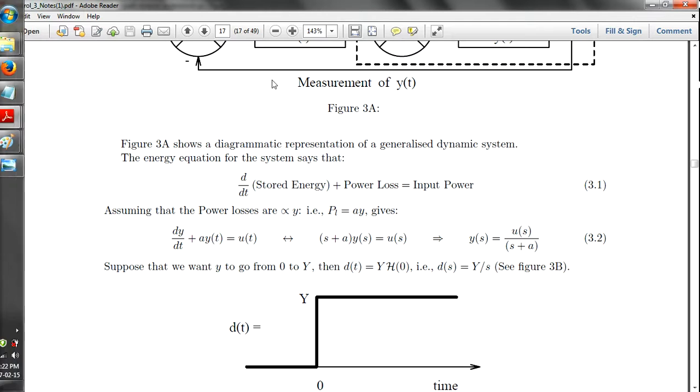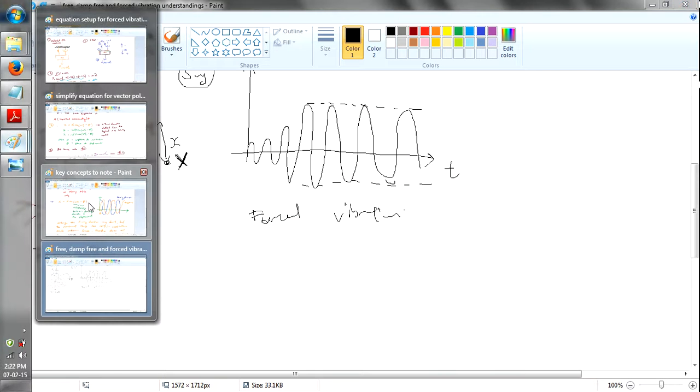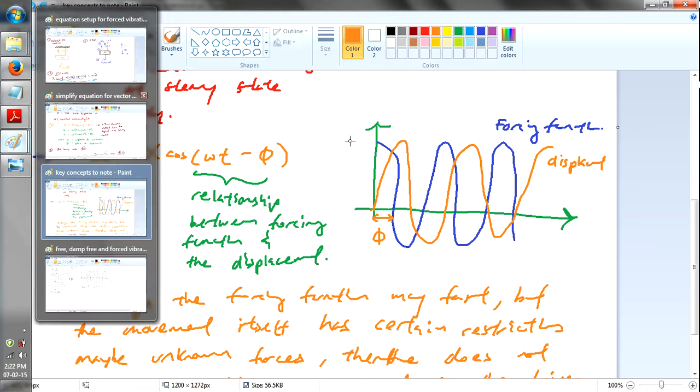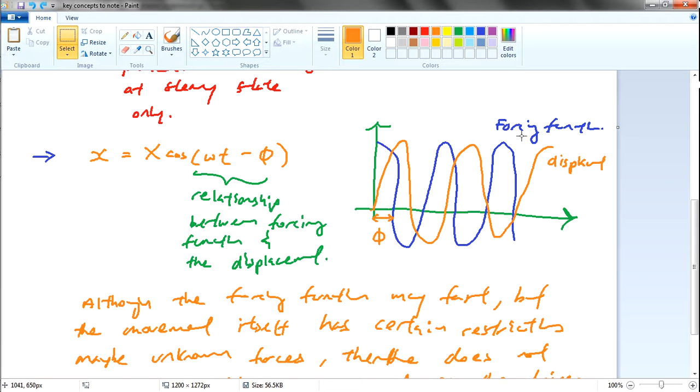This is why, if you use this concept and head back to our explanation, you can see that yes, indeed, the displacement x itself may lag behind the forcing function because of some unknown air resistance. So therefore, we are lagging behind by this angle phi.